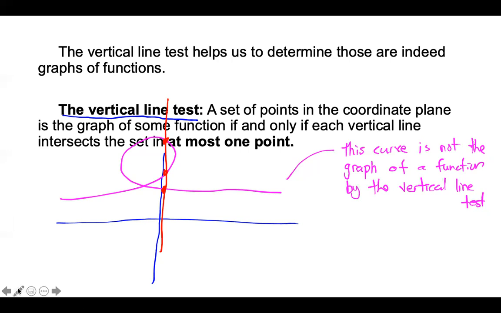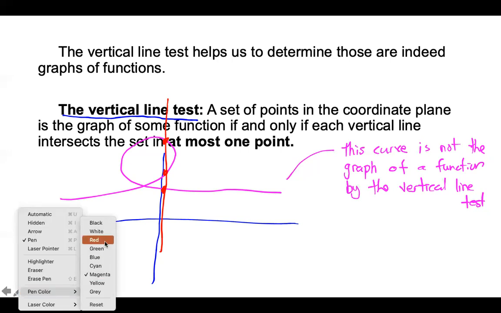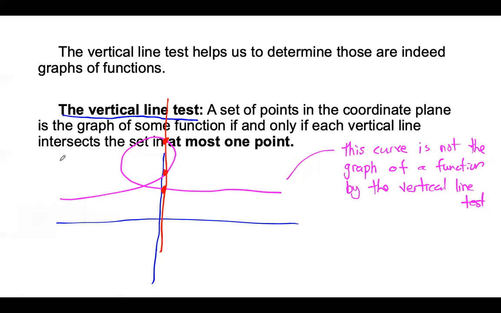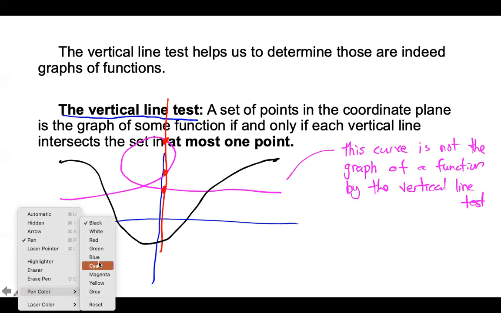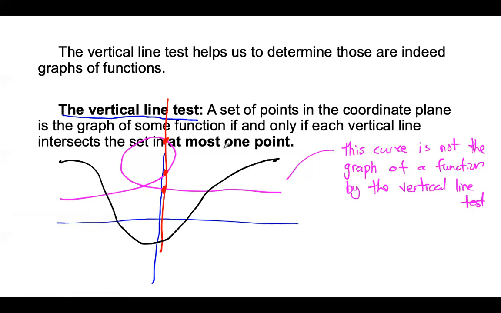Now, let's draw a different curve. Black. Say it starts here, goes down, goes up again here. Is this a function? The black curve? Yes, because if we draw a vertical line, it only intersects once.